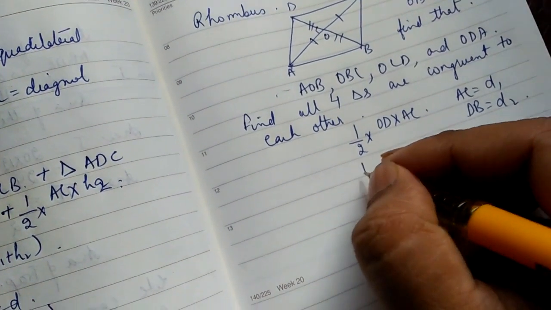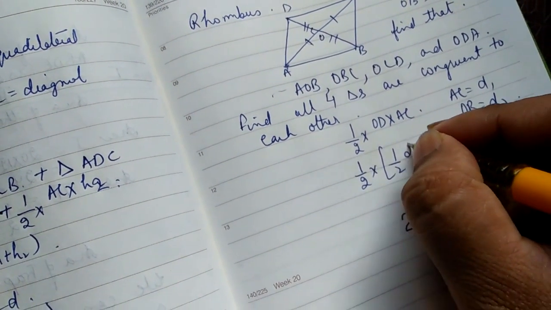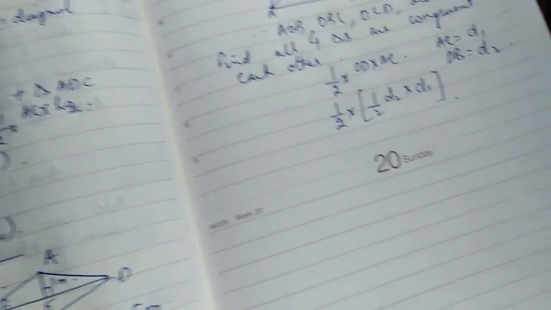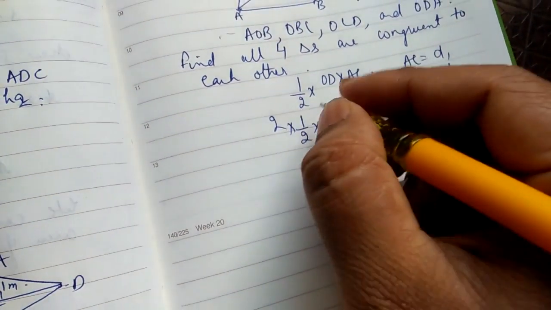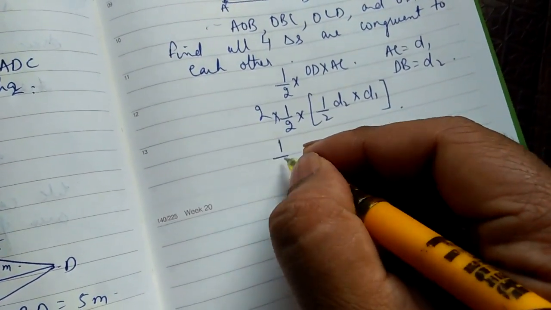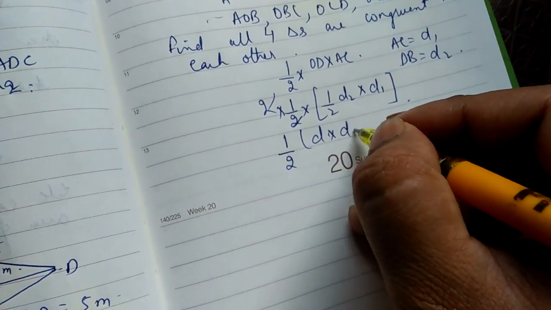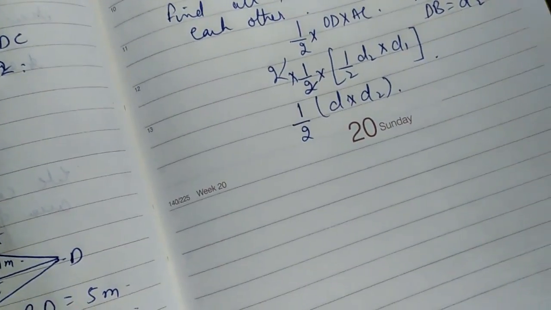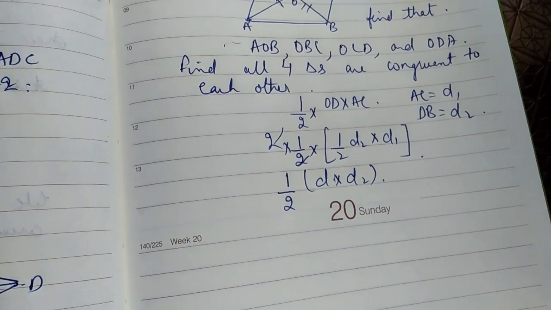So this is half of half d2 into d1. This is the area of the triangle, and if we multiply it by 2, because there are two such triangles, we will get half d1 into d2. So this is the area of the rhombus. So in a rhombus, if we have been given two diagonals, we can find the area of the rhombus.